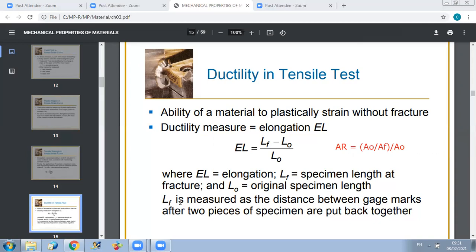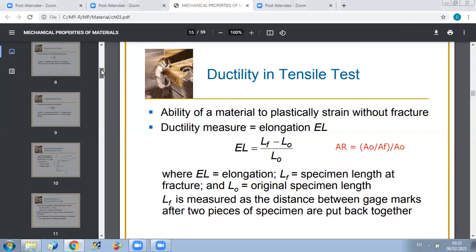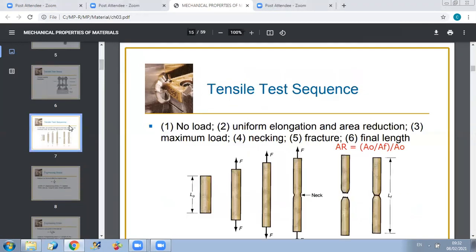Now LF, as we have seen before, is measured as the distance between gauge marks after the two pieces of the specimen are put back together, as we have seen in the figure when we described the different phases of a tensile test. After fracture, we put the two elements close to each other and we measure the distance between the ends of the two parts.